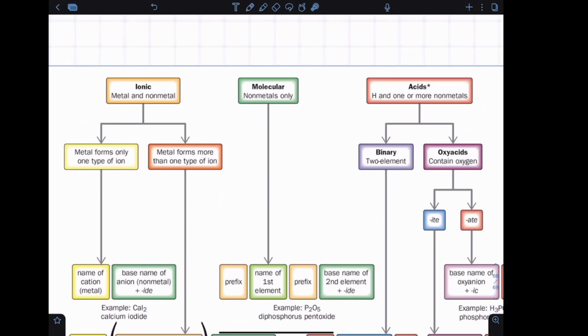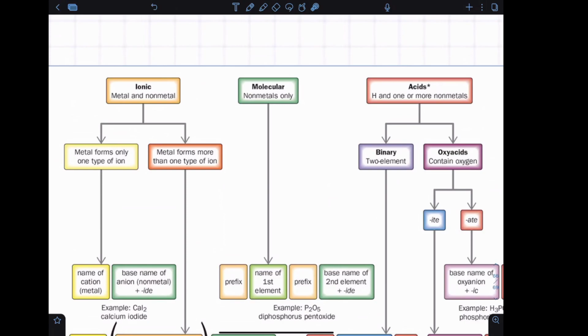For an ionic compound, I guess it's here on the top, actually. Ionic compounds are always going to be a metal and a nonmetal. So if you see a compound, and this is where you do need to know what elements are metals and what elements are nonmetals. And I know I've said this before, the metalloids get a little bit weird.